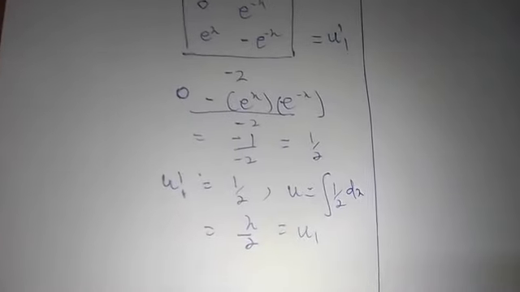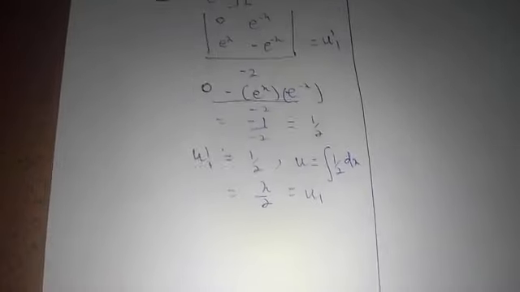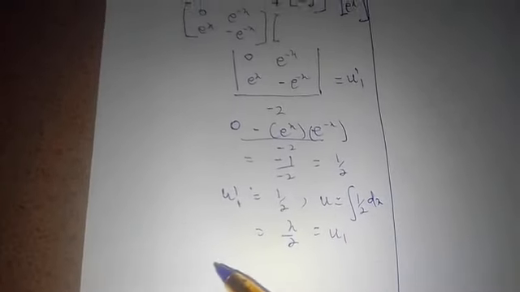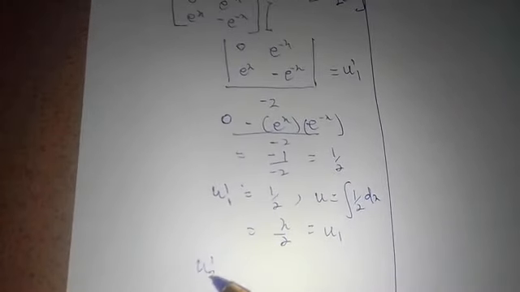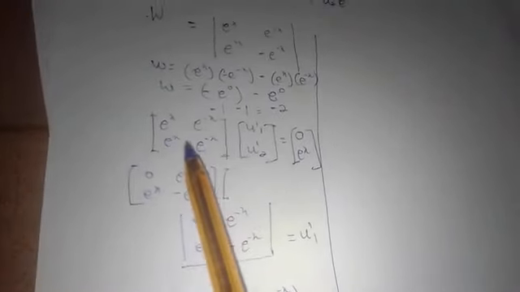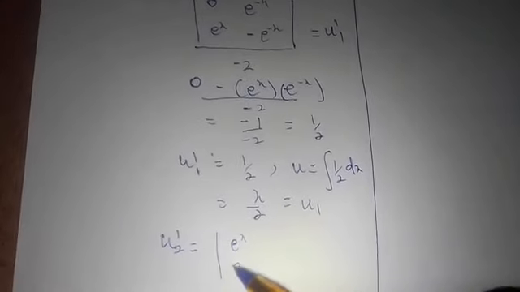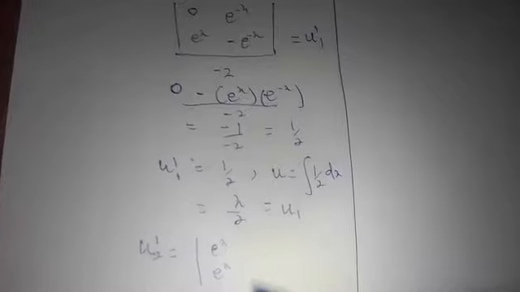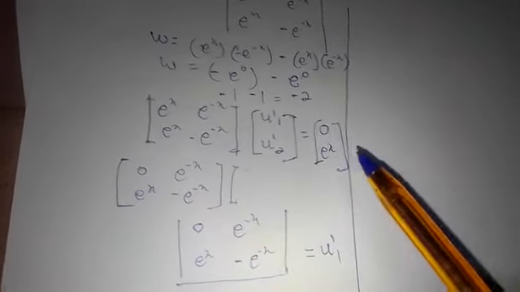Now I come back to Cramer's rule once again to find my u prime 2. It is equal to the determinant, and I'll bring this back again: e to the power x, e to the power x, but for the other column I'm going to replace it with the y side.